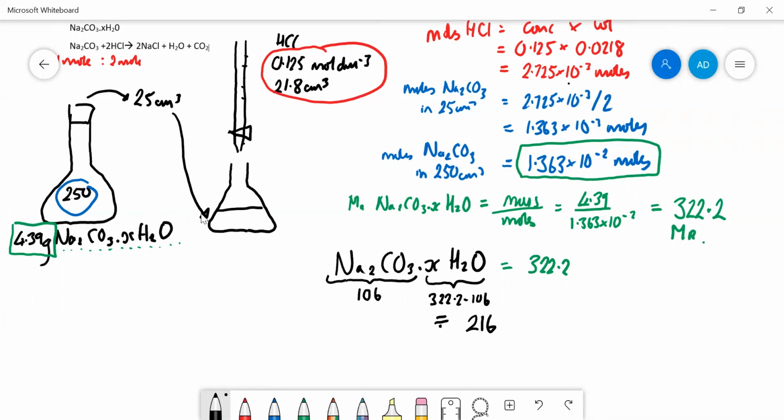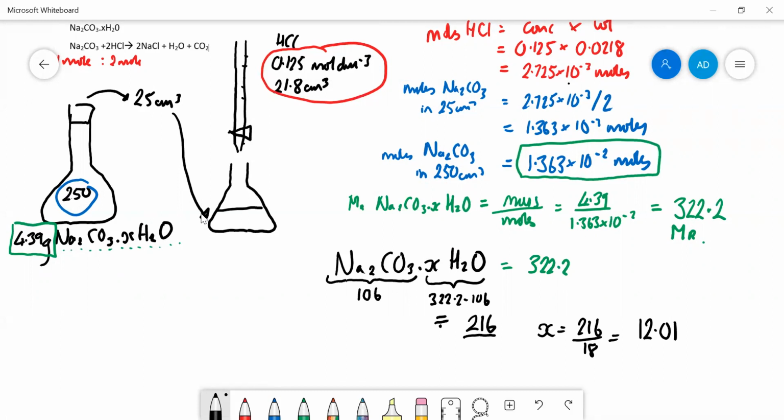Okay, so how many water molecules make up an Mr of 216? We know one water molecule is 18, so X is going to be equal to 216 divided by 18, the Mr of one water molecule. And if we do that, it gives us a value of 12.01.